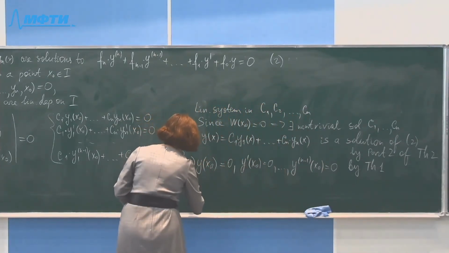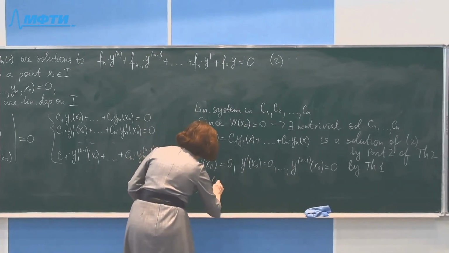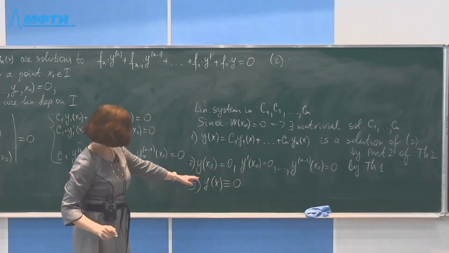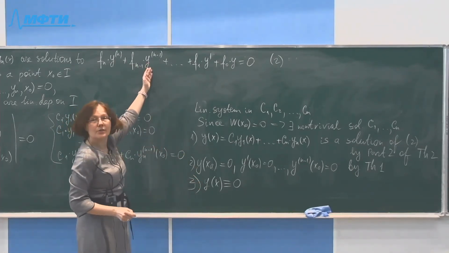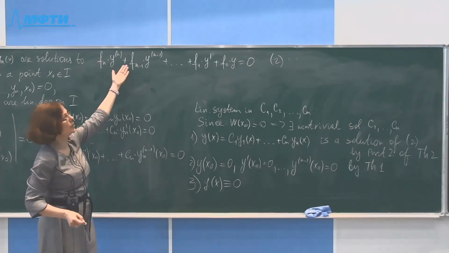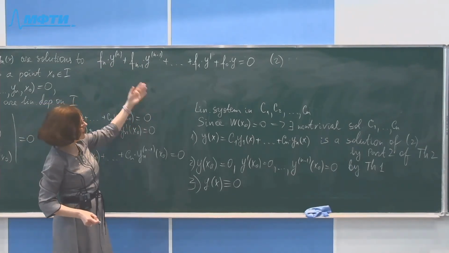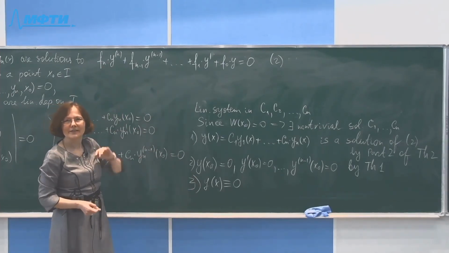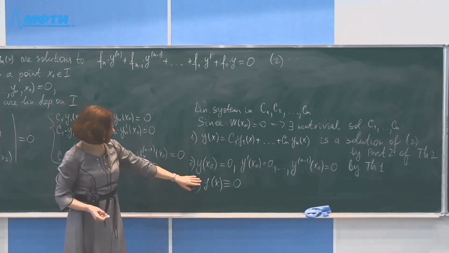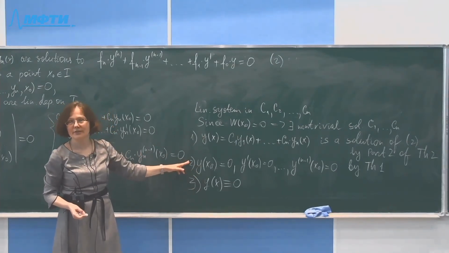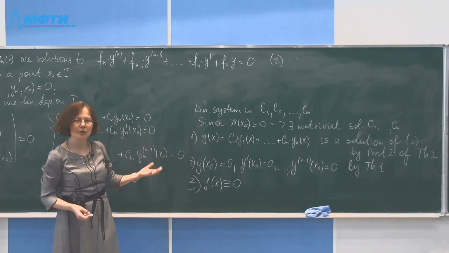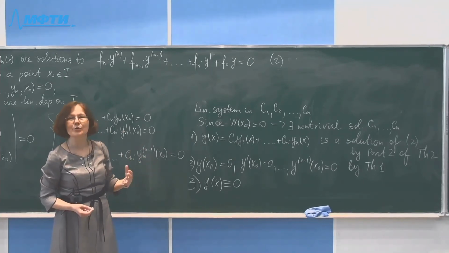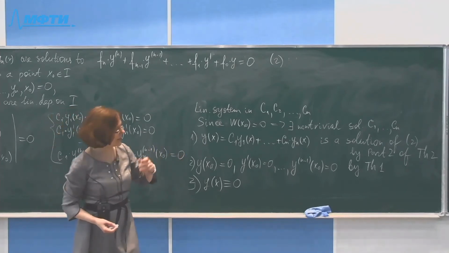So fact number 3: y of x, which is identically 0, satisfies this equation. You can substitute this function into the equation and check that this trivial function satisfies it. It is easy. And this function satisfies these initial conditions. But we know that the function with these properties is unique, by theorem number 1.